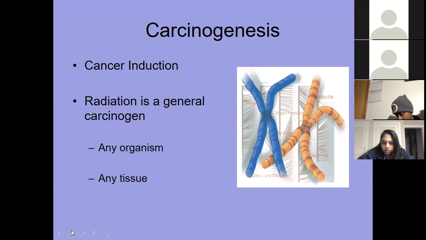The other thing to know is that radiation is a general carcinogen. And what that means is that radiation can cause cancer in any organism and in any tissue of that organism. It's also important to know that there really is no conclusive proof of increased cancer risk at dose levels below 0.1 sievert, which is 10 rem.